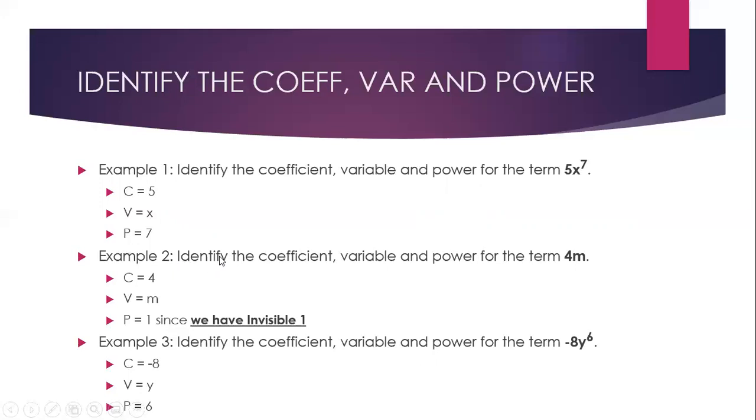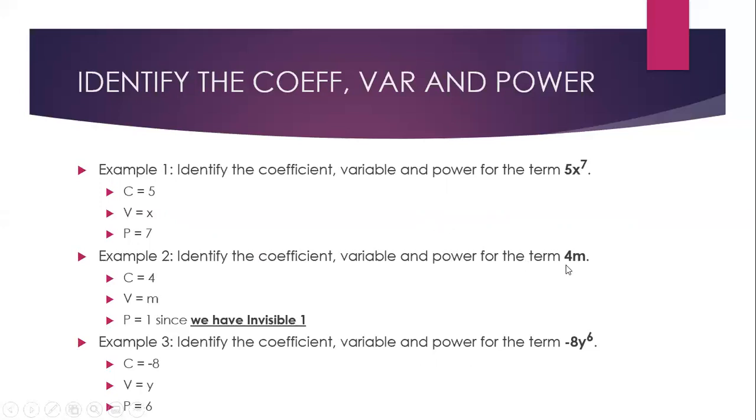We want to identify the coefficient, the variable, and the power for the term 4m. So what's the variable? The variable is m. It's the letter. A variable is a letter. What is the coefficient? What is the number that goes before the letter? Well, it's 4.